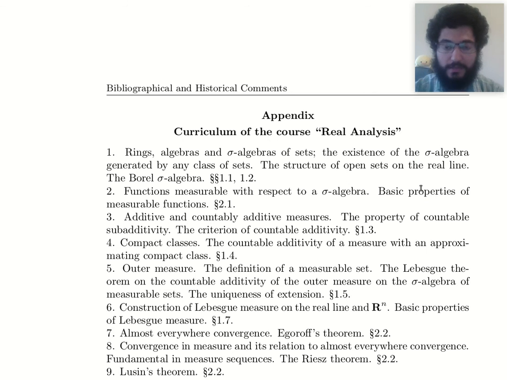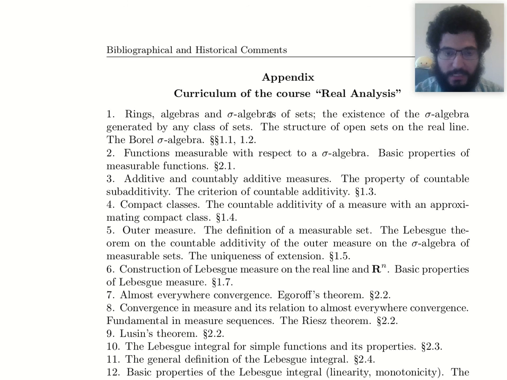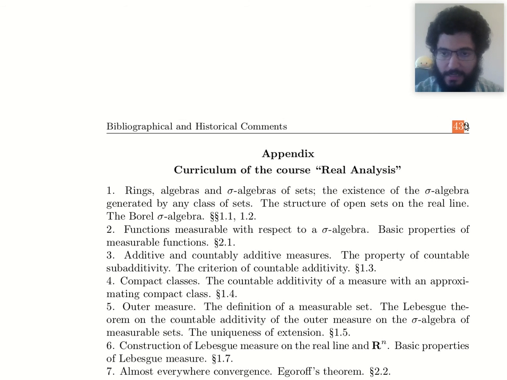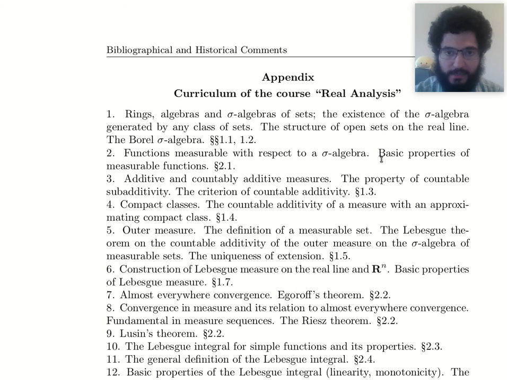If you like the textbook that we used, the plan I've been following is basically something he has in the appendix on page 439, which is his plan for the order in which to go through sections.